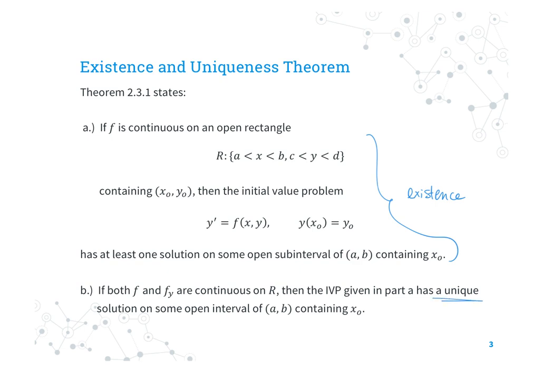So there's our uniqueness. We have existence as part A, uniqueness as part B. For existence, we're going to see where f of x, y is continuous. And for B, we're going to see where the partial derivative of f with respect to y is continuous. And that will limit us to where our solution is also unique.